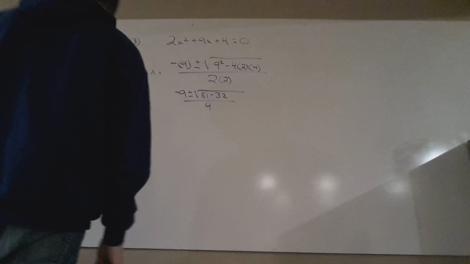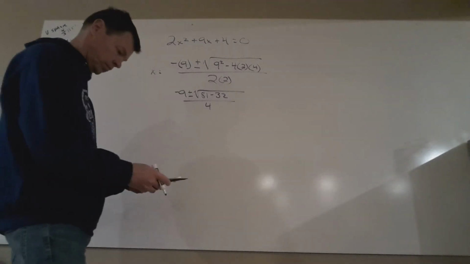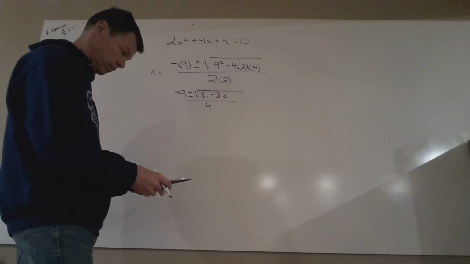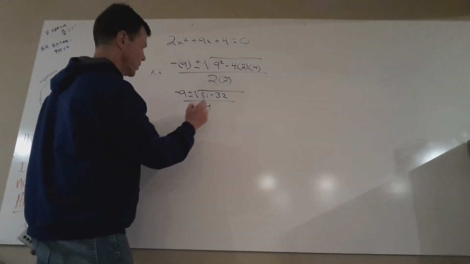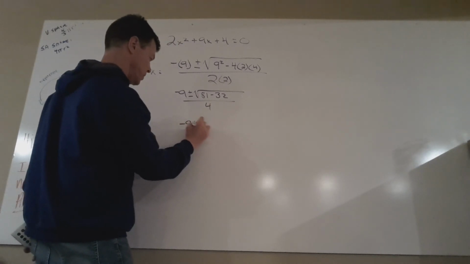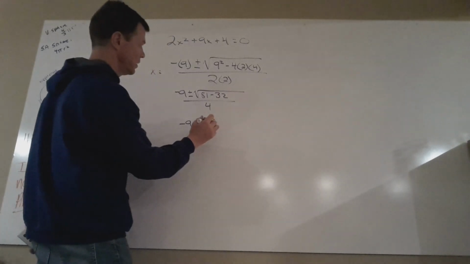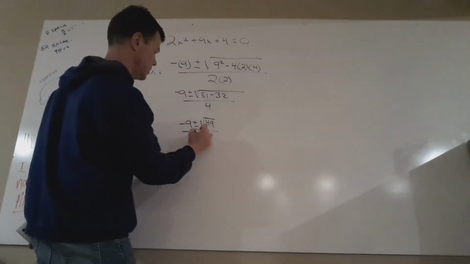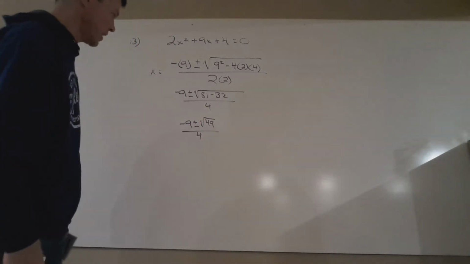So 81 minus 32. Oh, they're working out nice for us. 81 minus 32 is 49. So negative 9 plus or minus the square root of 49 all over 4. Well, the square root of 49 is 7.